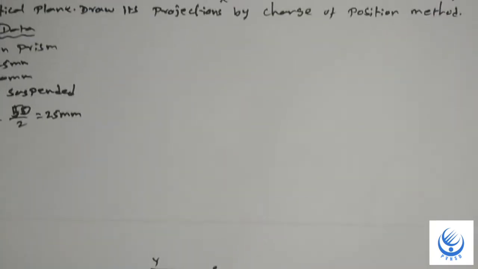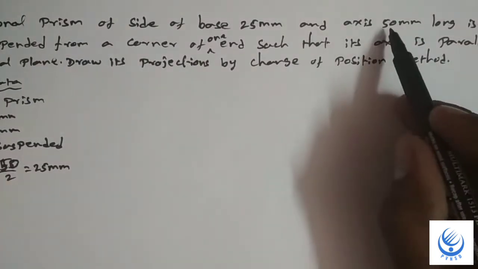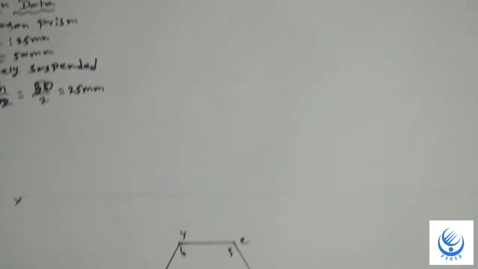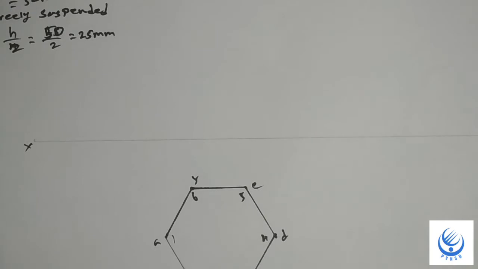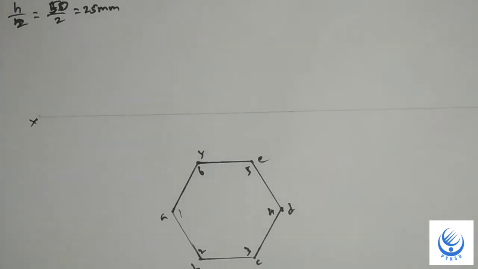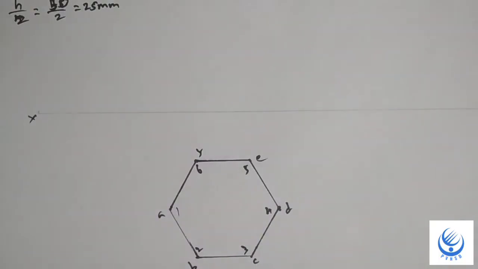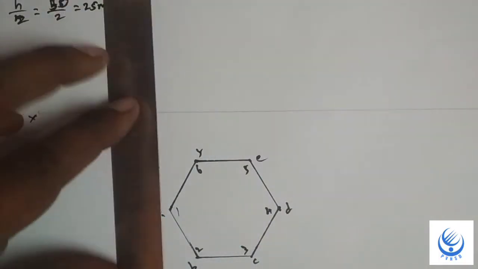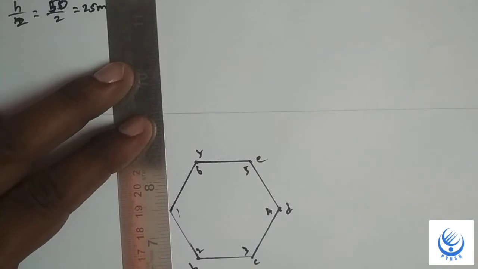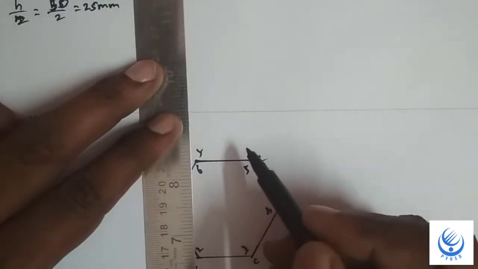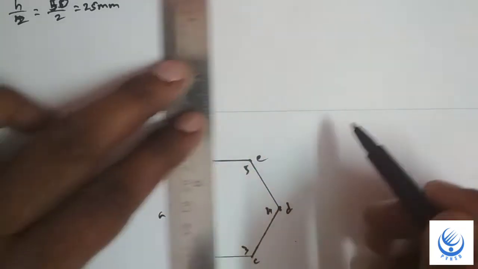The next step is to project the height. This height is 50 mm. First, draw these lines. Each corner point is extended up to the reference line.